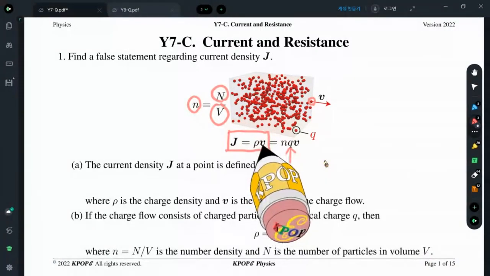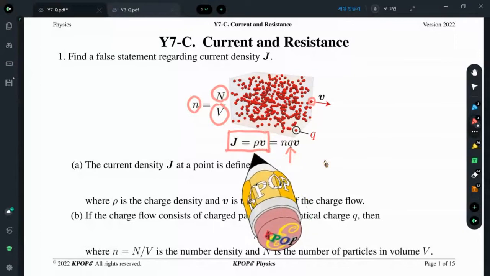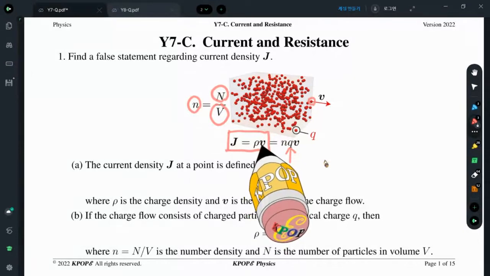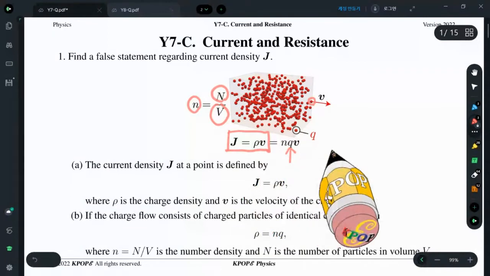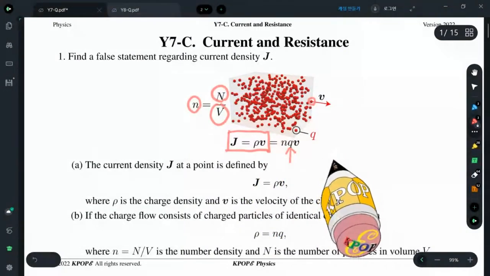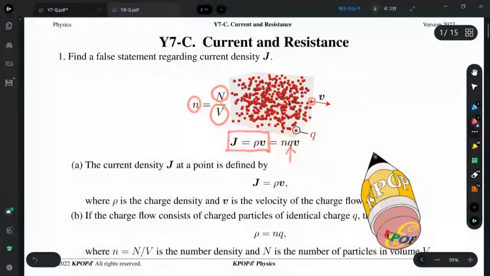It is very, very similar to the mass current flow that we learned in the previous semester when we studied the continuity equation of fluid dynamics.